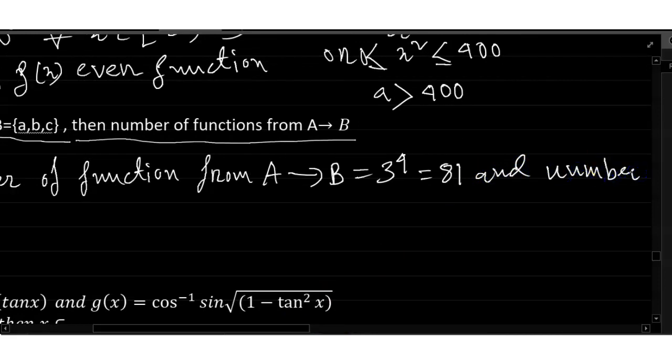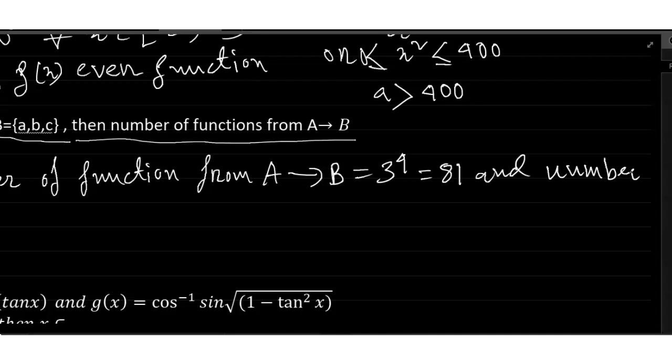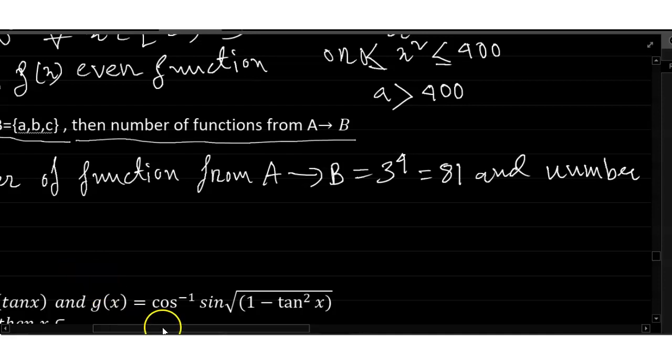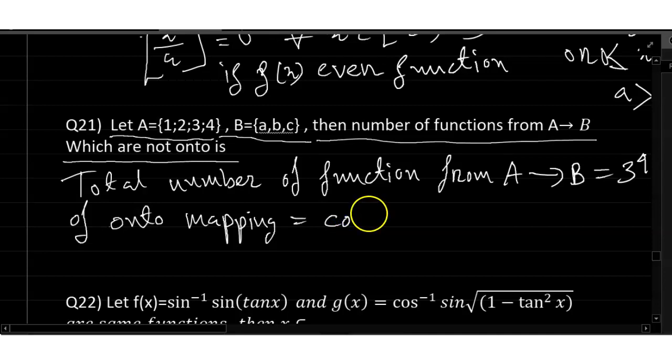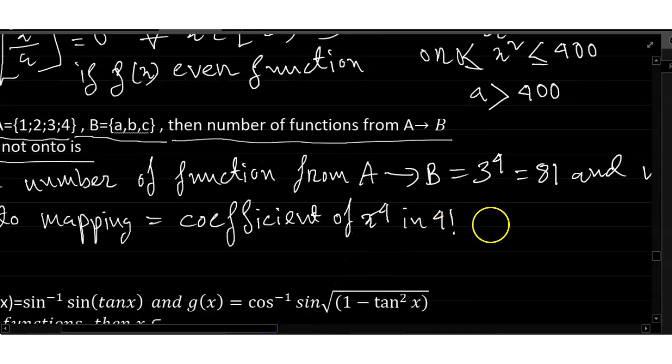Number of onto mappings is the coefficient of x to the power 4 in 4 factorial into (e to the power x minus 1) whole cube.